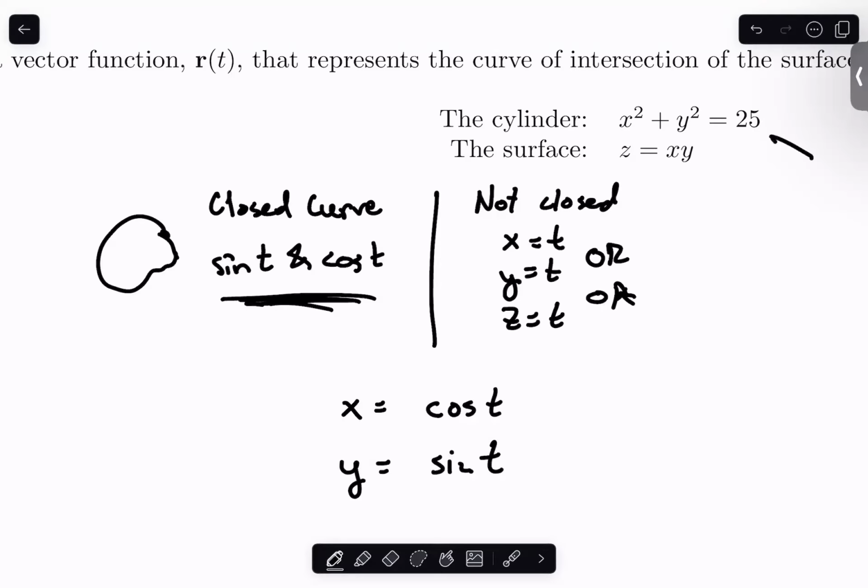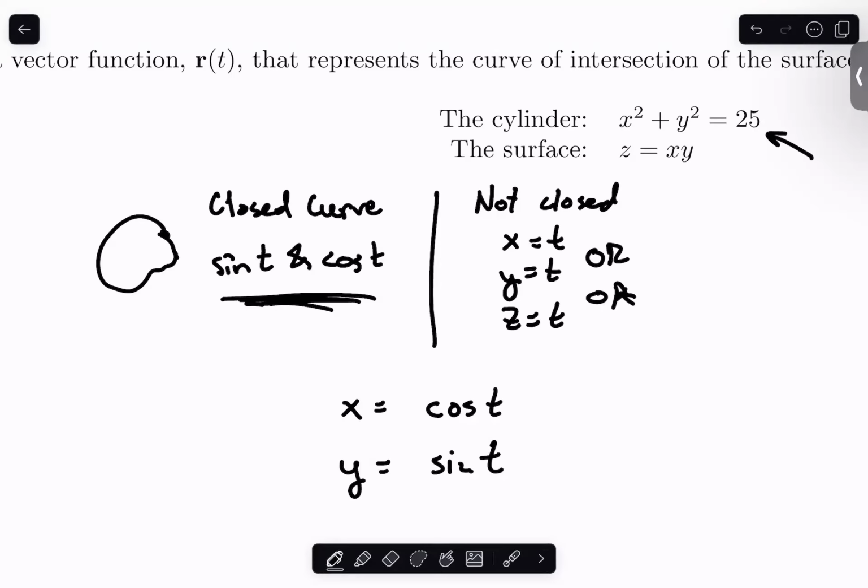And again, the reason why I'm doing this is because these are the variables involved in x squared plus y squared should be equal to 25. So again, I'm trying to find some parameterization, some set of x equals something with t's, y equals something with t's, z equals something with t's that satisfy both equations. And this says here that I should think about sines and cosines.